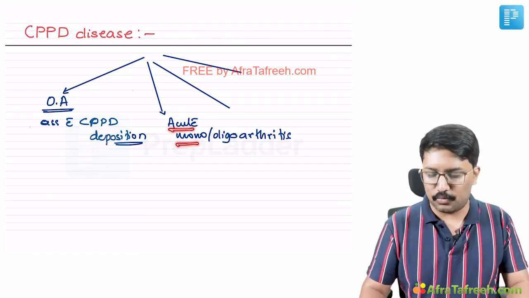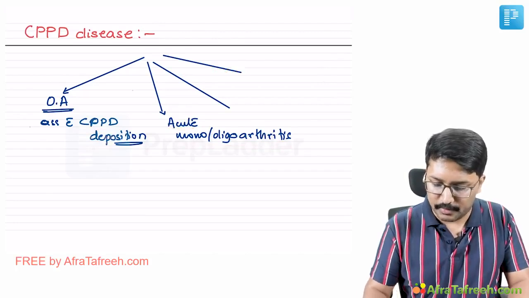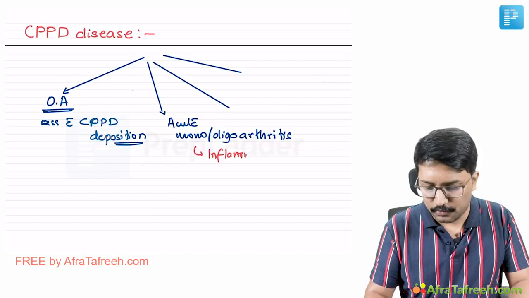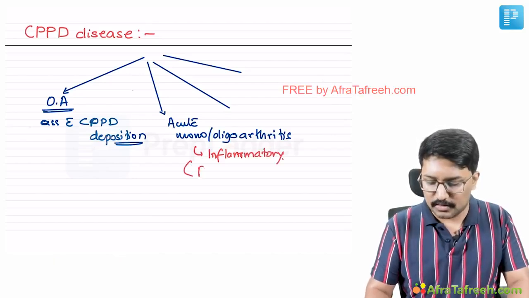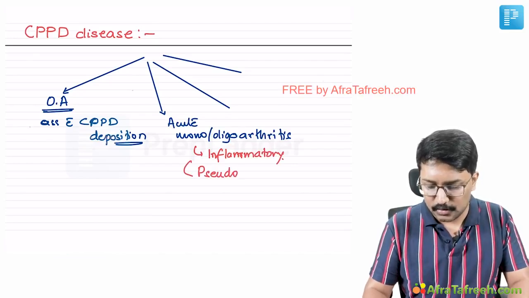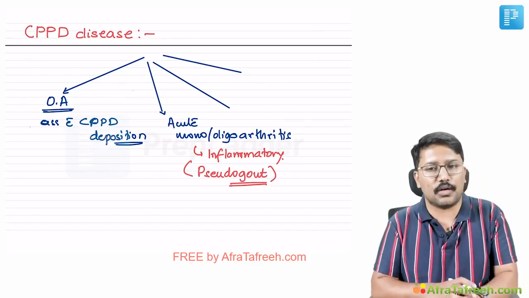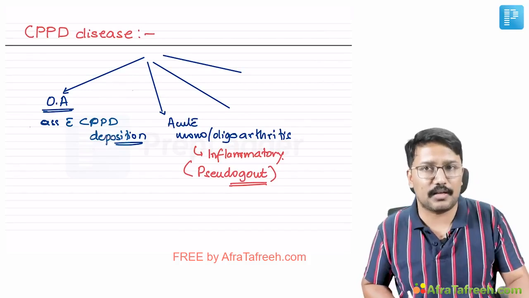But when we talk about acute mono or oligoarthritis due to CPPD deposition, we are talking about an inflammatory arthritis. For all practical purposes, this might resemble gout. That is why this entity used to be called pseudo gout, right?